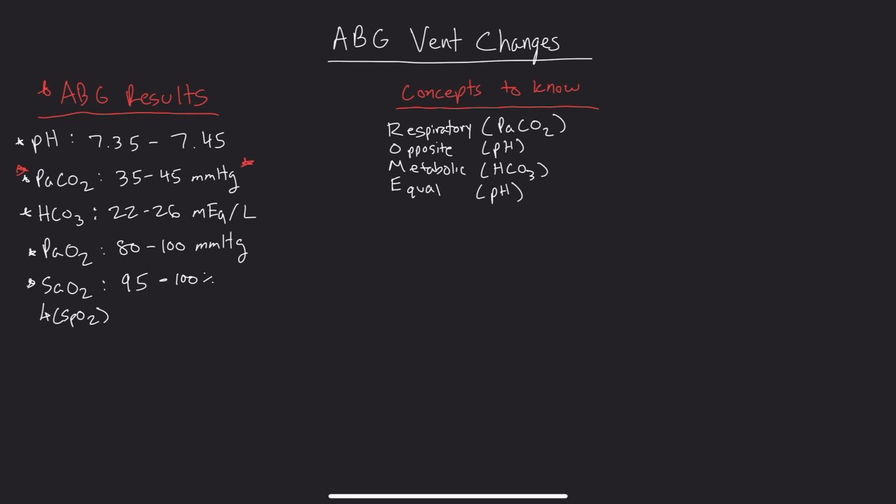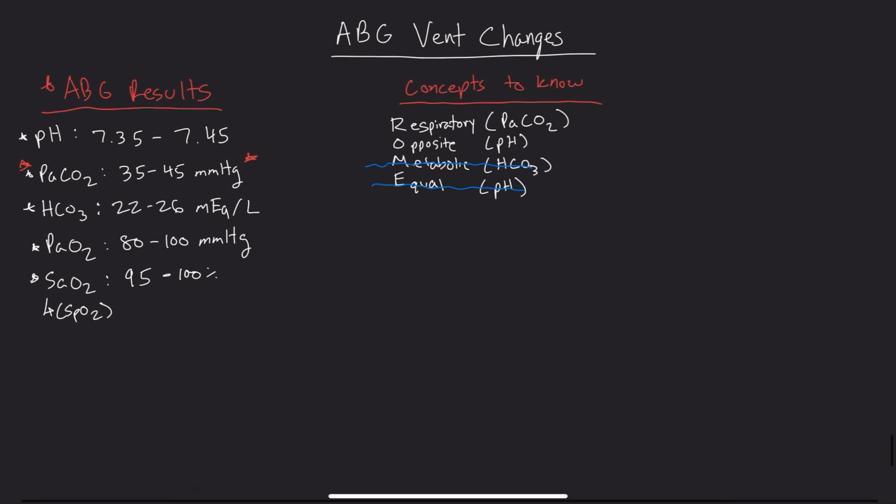For this video, since it's based on vent changes and we're focused on respiratory, I'm actually going to just squiggle this out. So today's video, we're just focused on the respiratory opposite. So all this saying is this: respiratory is the PaCO2. If this value is high, then the pH will be low, and then vice versa. So if this value is low, then the pH will be elevated.